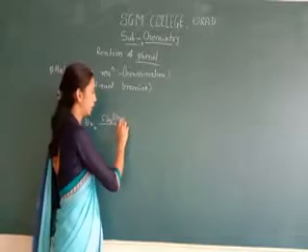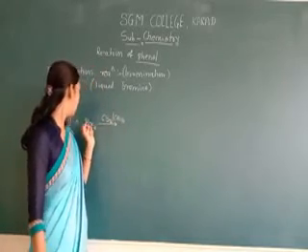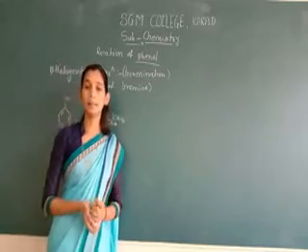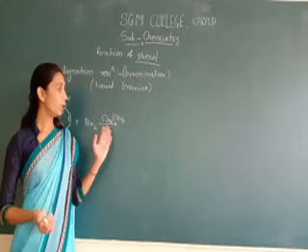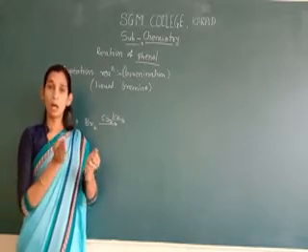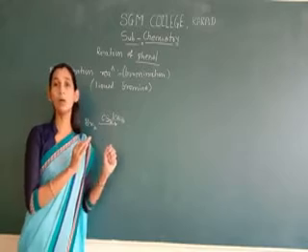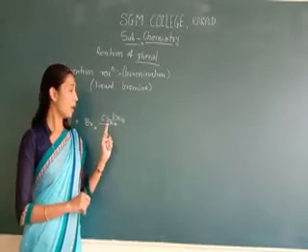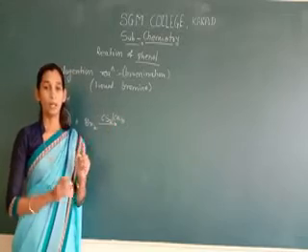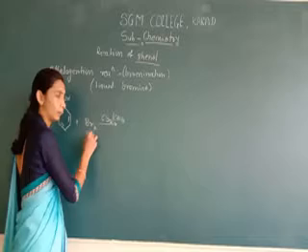Due to this bromine being of very low polarity, we get ortho-bromophenol and also para-bromophenol. 2 products are produced by this Br2.